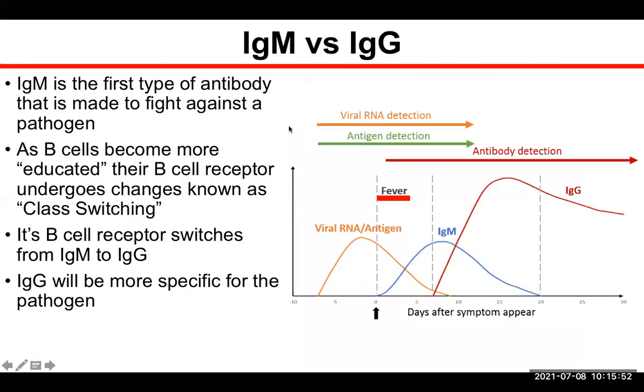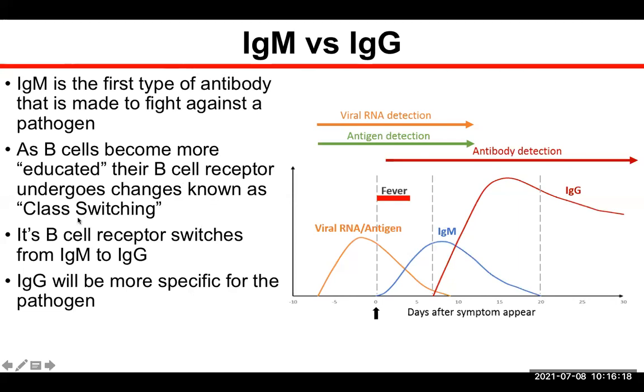So IgM versus IgG. As I mentioned, IgM is the first antibody that is made to fight against pathogens. And because it has low affinity for pathogens, or low magnetism, it's going to form that 5-point structure, pentamer. As the B cells become more educated, they're going to undergo that thing that I talked about, class switching.